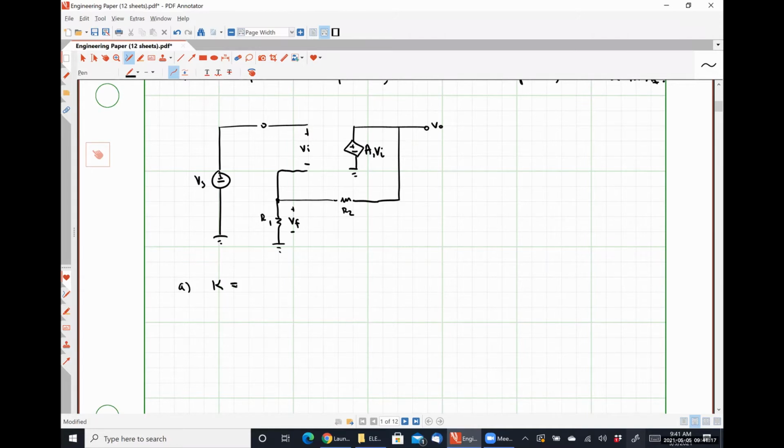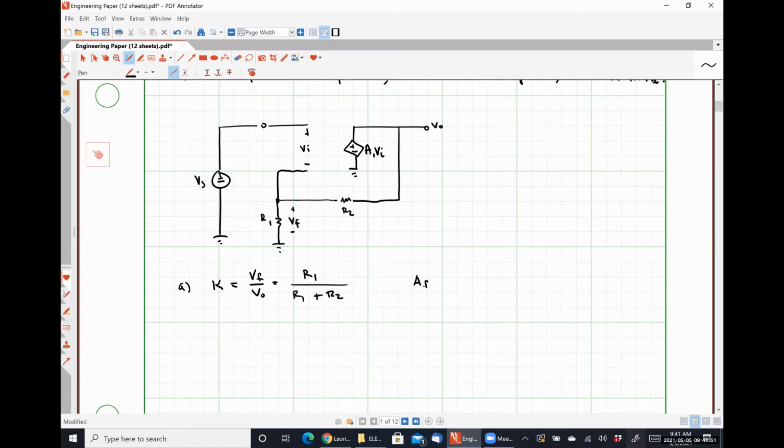So from this, part A asks us to find our feedback factor, which is VF over V naught. And we can easily see that there is a simple voltage divider relationship between VF and V naught, much like we had in the last example that we worked on Monday. And so we would see that our feedback factor is, again, just R1 over R1 plus R2.